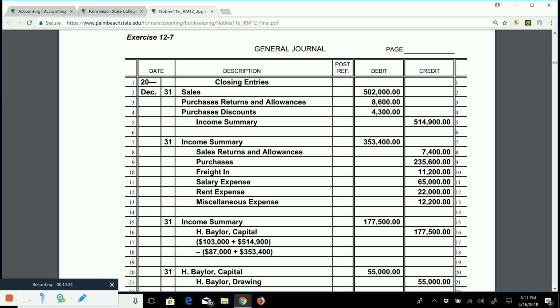Basically, if we add up the debits in income summary, the $87,000 and the $353,400, and the credits of $103,000, what we started with, plus the $514,900 from the first closing entry, if we add them all up, it looks like income summary has a credit balance of $177,500.